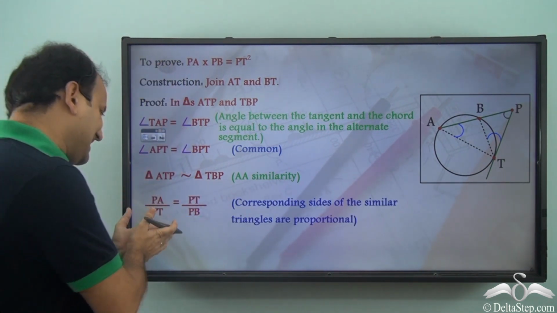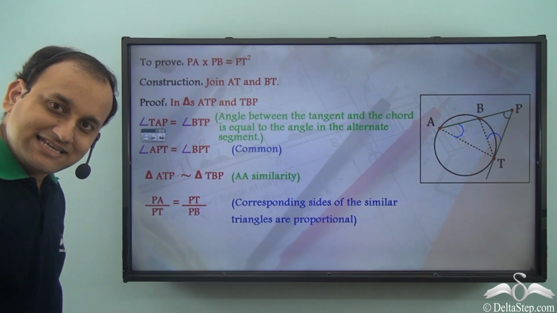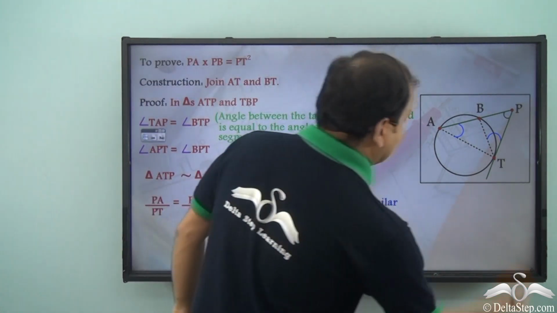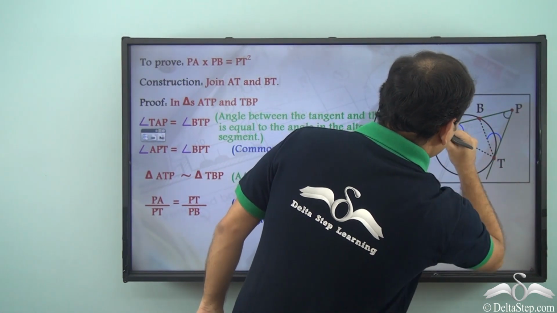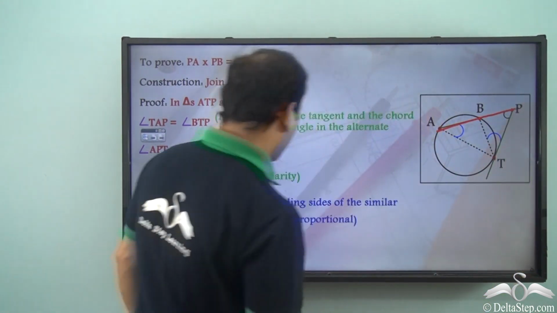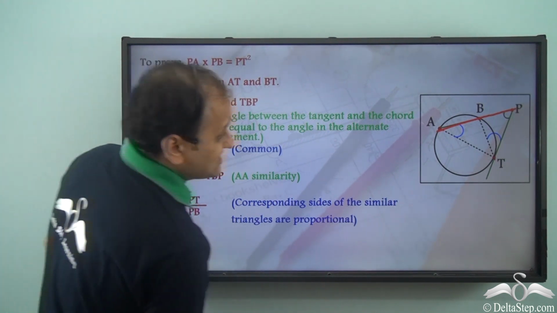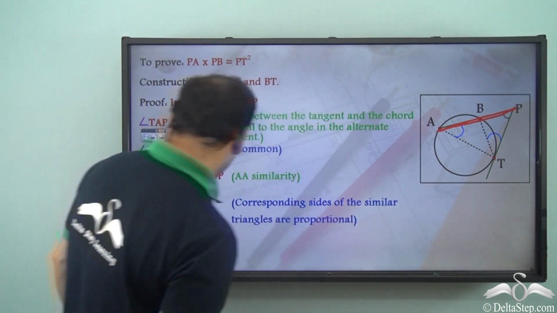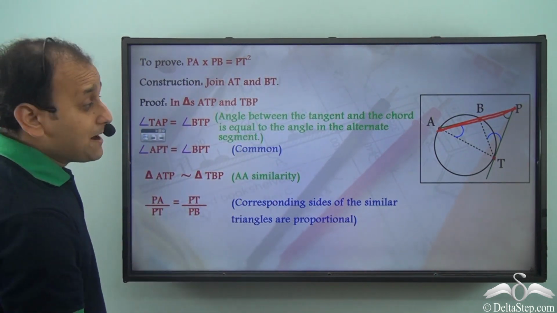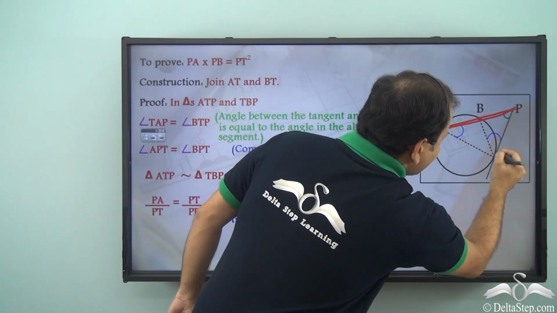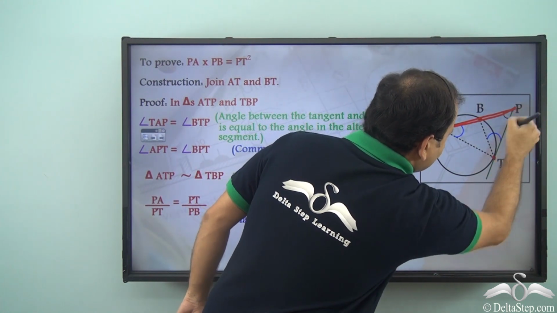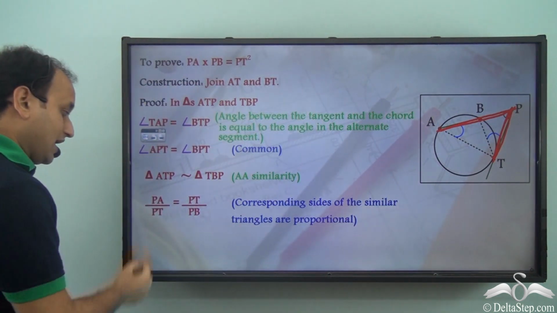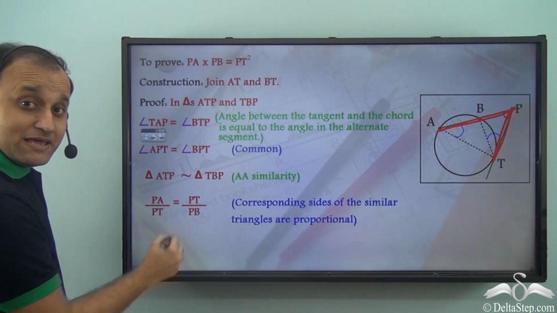So we can say that PA by PT is equal to PT by PB. That is PA, this side of triangle ATP, by PT. This particular side is equal to PT by PB.